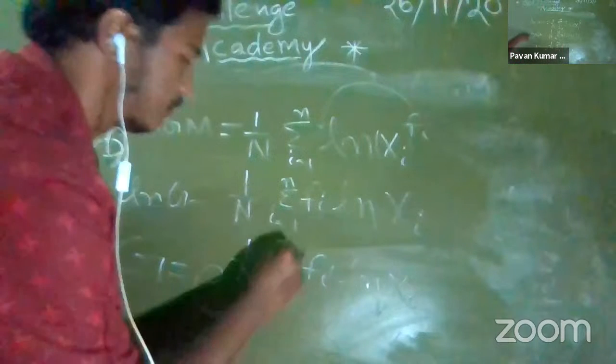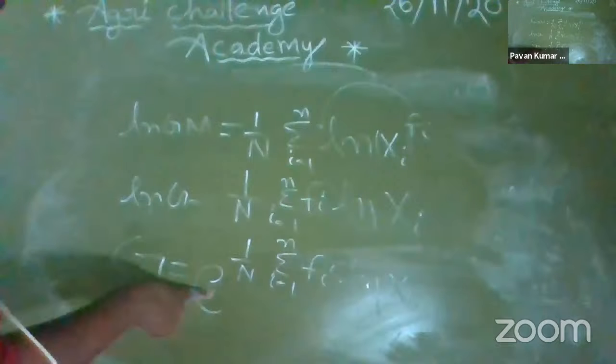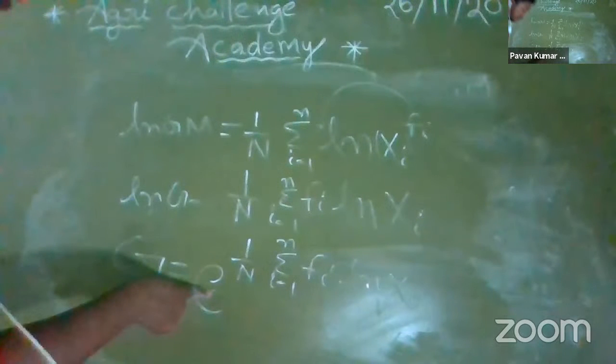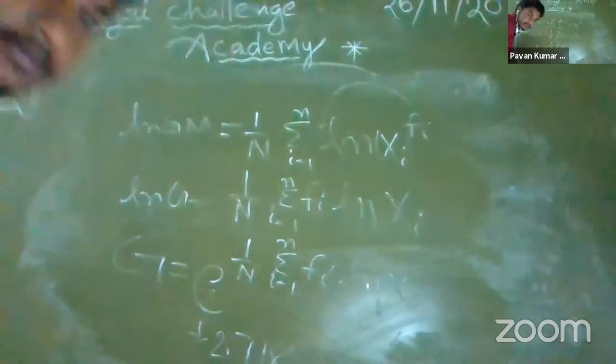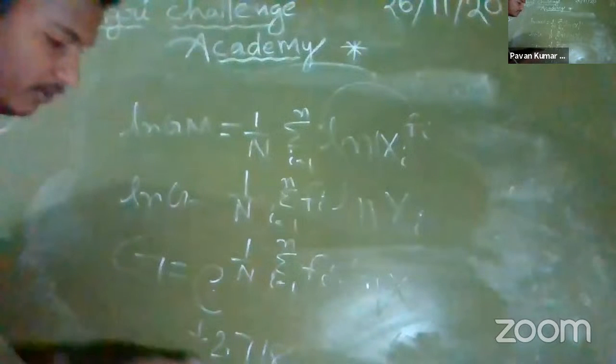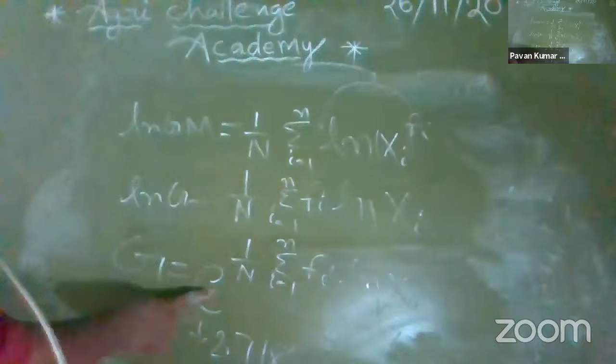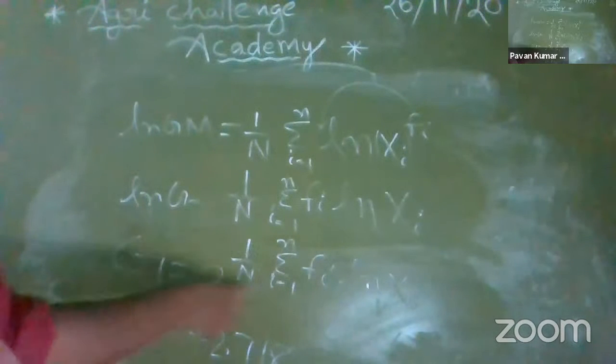If you take the natural logarithm, then it becomes small e. e equals 2.718. This is Euler's number. It is a constant.